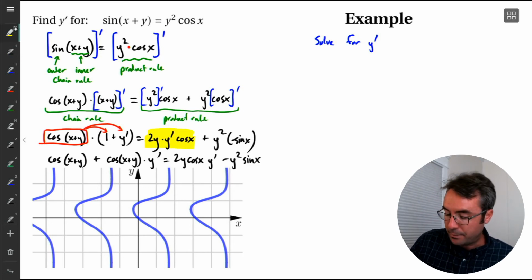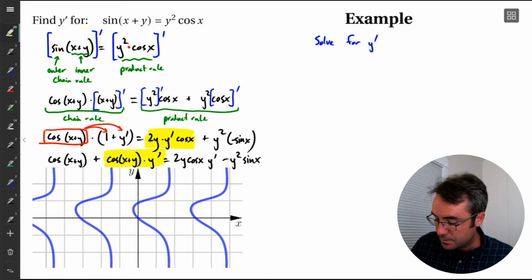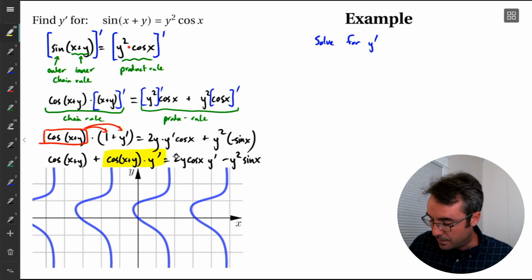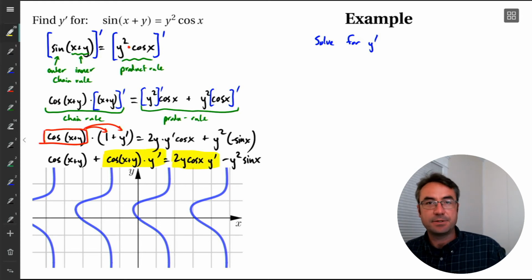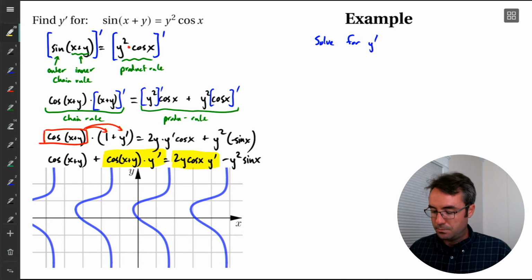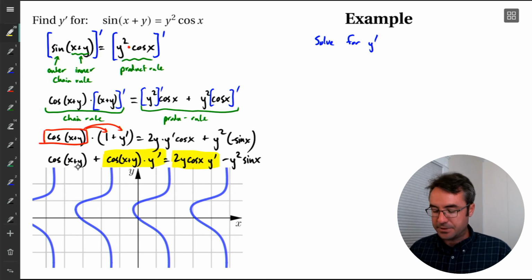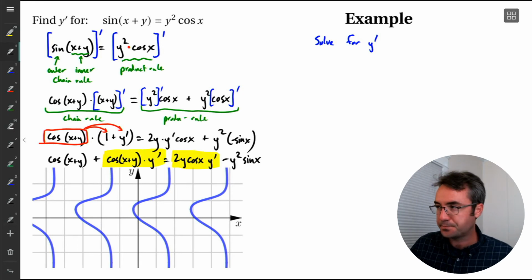So we want all the y prime terms on the left. So cosine of x plus y times y prime, that's already there. This 2y times cosine x times y prime, we want to move to the other side. And this cosine of x plus y, we want to move over to the other side as well.